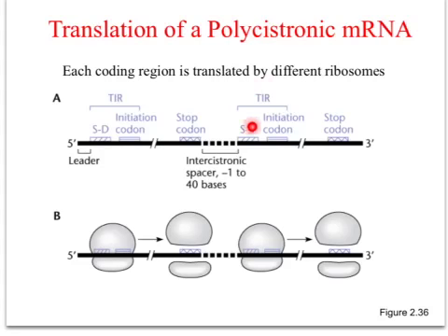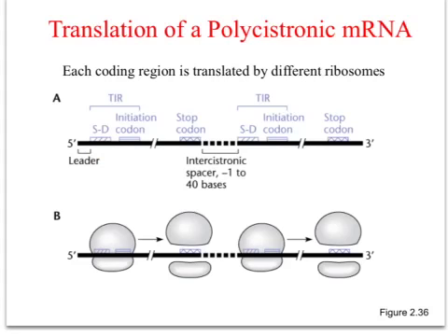Each translation initiation region can bind its own ribosome. So this could be ribosome 1, this can be ribosome 2, and if there were other open reading frames or genes downstream, each one of those binds its own ribosome. Each of these ribosomes that binds then makes a polypeptide that corresponds to the gene that is encoded in this region.